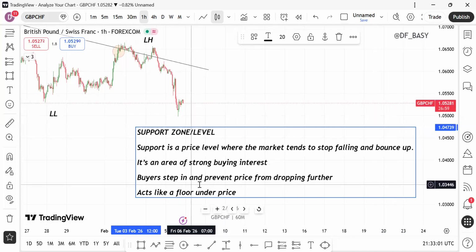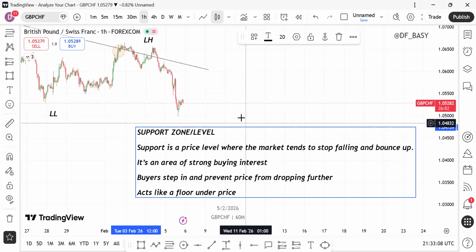Buyers step in and prevent price from dropping further. It acts like a floor under price. So support is a level that holds price, and price doesn't break below that level.